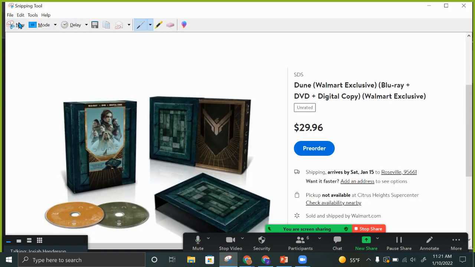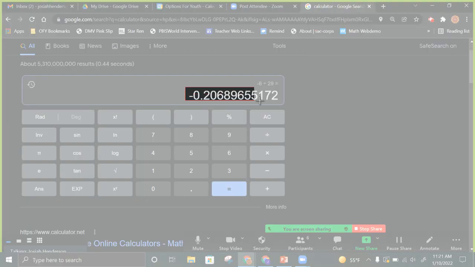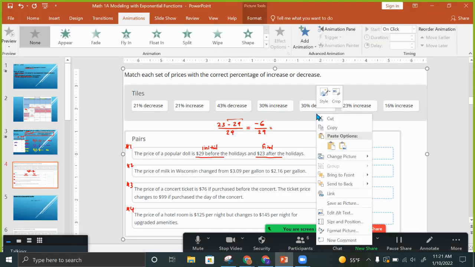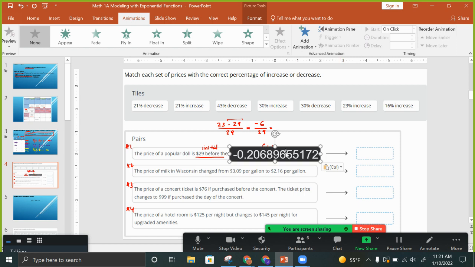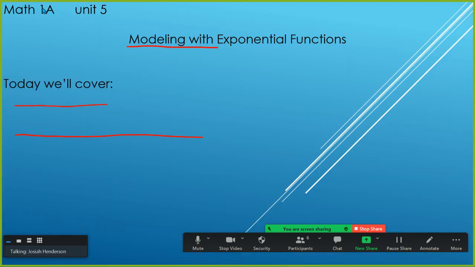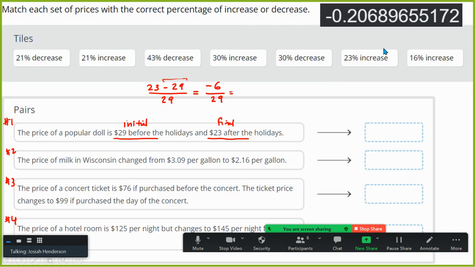So let's see here. Okay, here's what we found for that first one. So up at the top right, here's what we got when we divided. -0.206. So for this problem, you could say it's -20%.